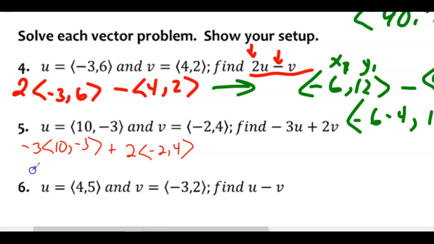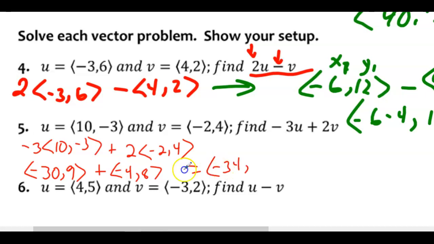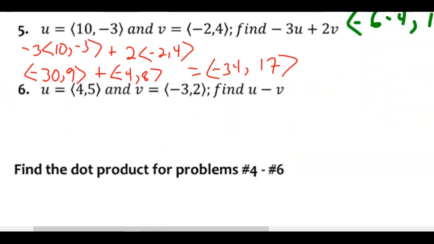We distribute the negative 3 to have negative 30, 9. And we distribute the 2 to have negative 4, 8. Now we add the first terms. Negative 30 plus negative 4 is negative 34. And we have 9 plus 8, 17.